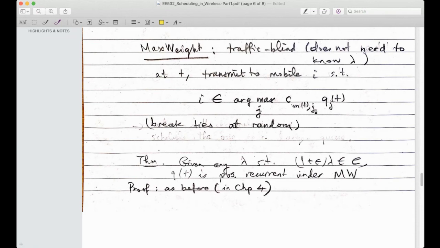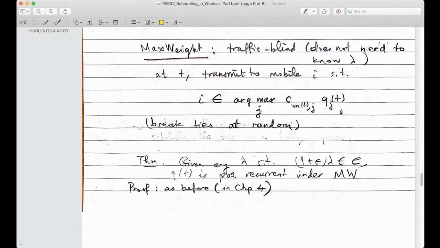There may be more than one user that achieves the highest. In that case, you can break ties at random because normally the probability that this kind of situation will happen is small, so it won't hurt the throughput in the long run. All right.